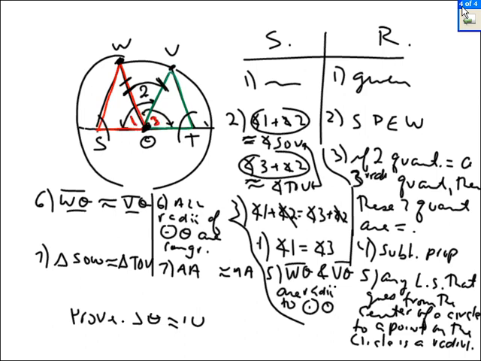WO and VO. Now, WO is opposite the angle with one slash. VO is opposite the same type of angle. And it's not in between the two corresponding angles.